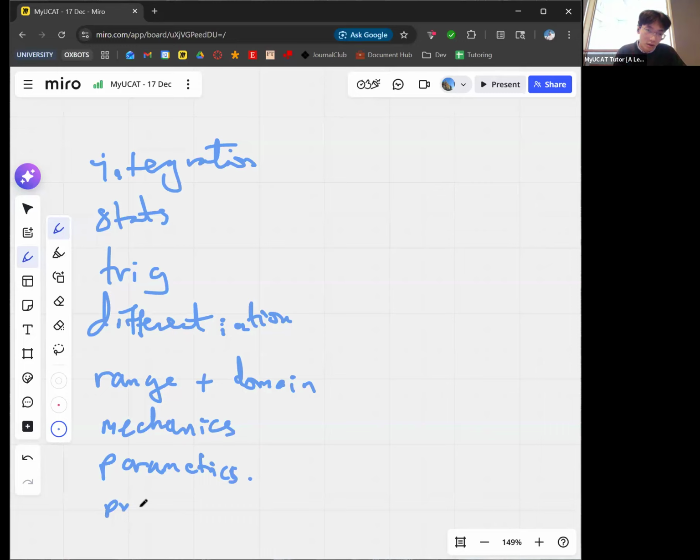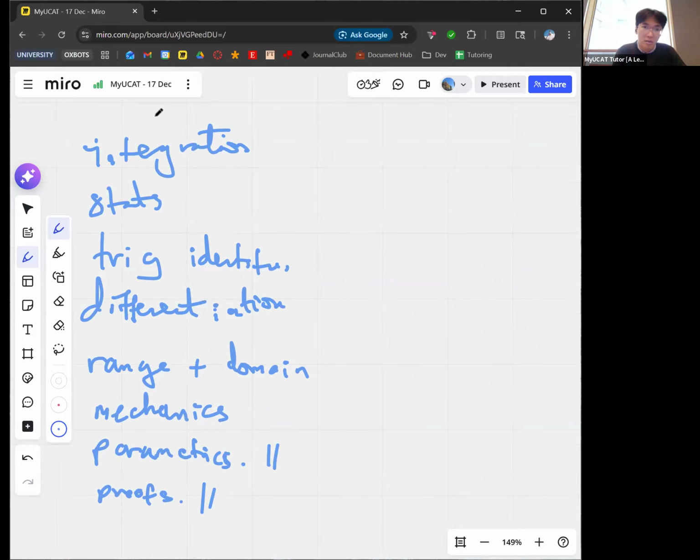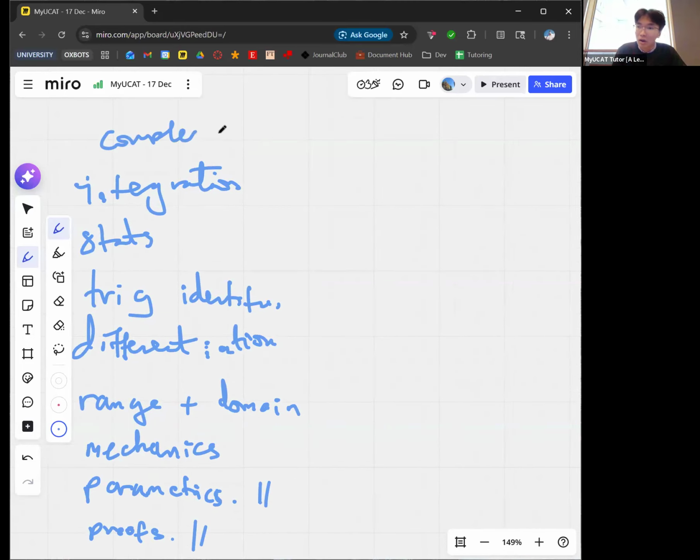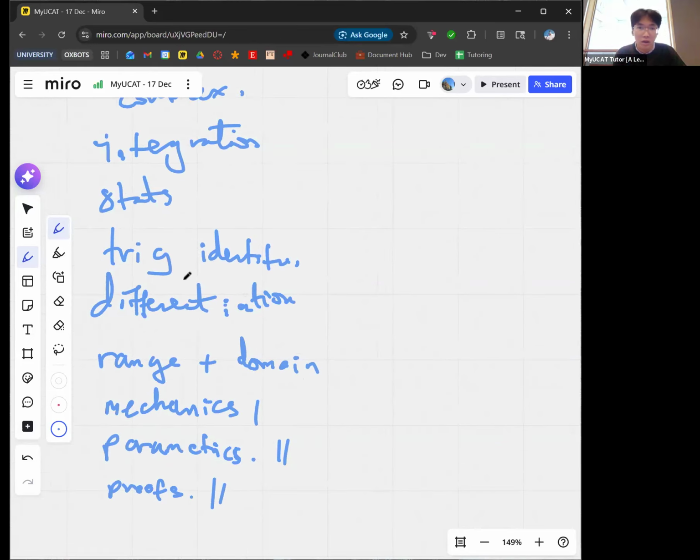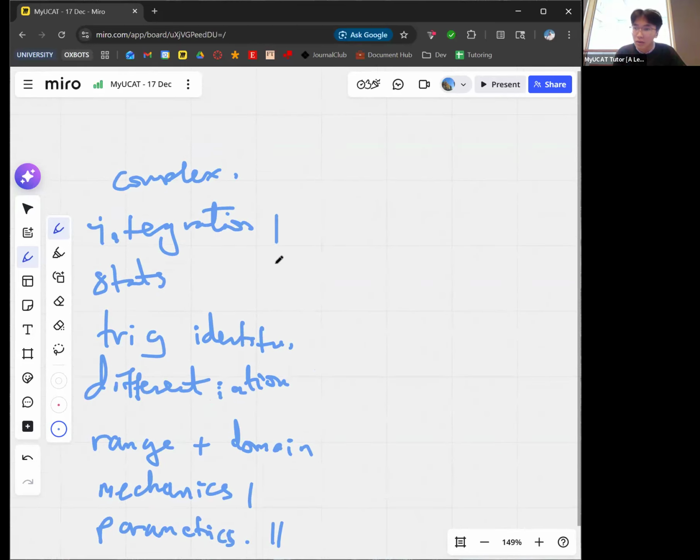Proofs are interesting. Parametrics, trig identities. Yeah. Complex components. Okay, so it's going to be mechanics. Yep. Trig integration. Yeah, there's a lot of stuff.